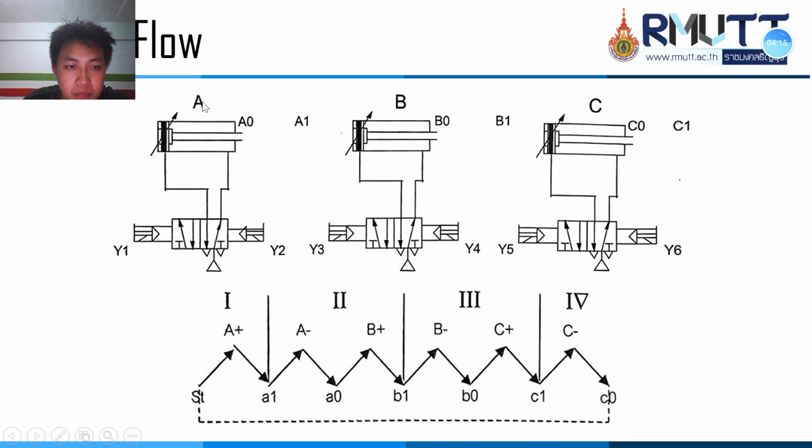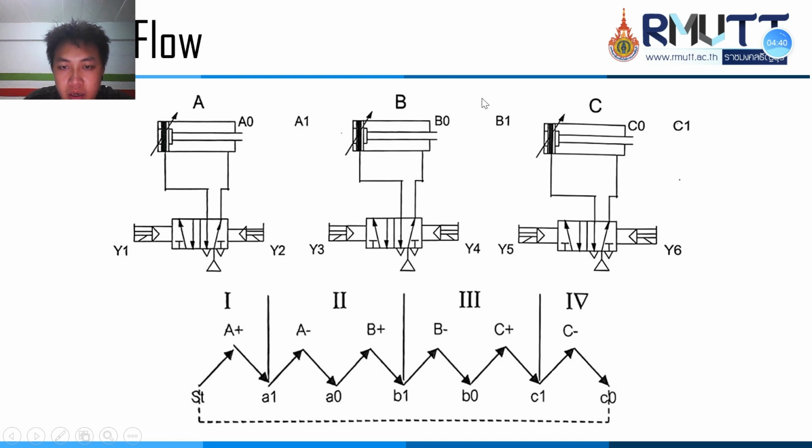When we reach A0, the B cylinder will work from B0 to B1, and from B1 to B0, B plus, B minus.